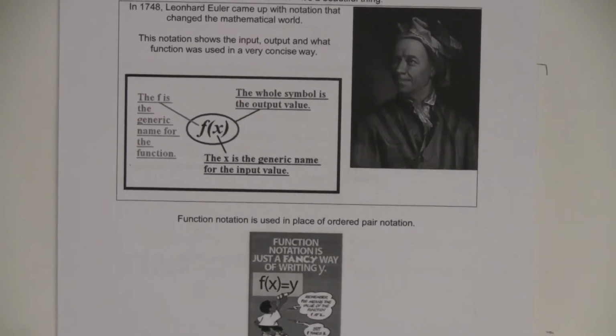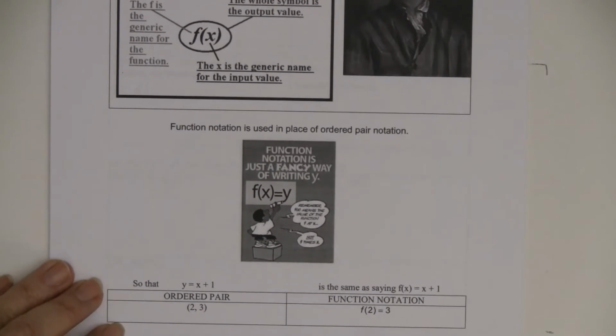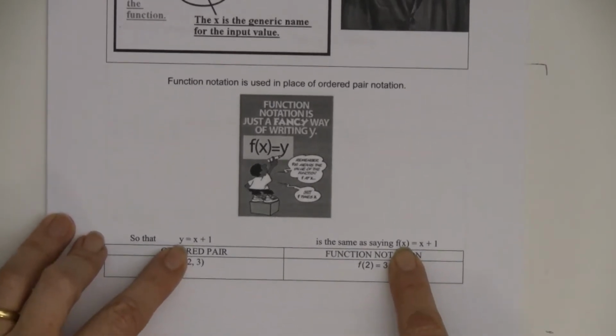Just so that you can see down here at the bottom of the page, y equals x plus 1. Not a very fancy equation, but its ordered pair would look like, if x is 2, 2 plus 1, y would be 3. In function notation, you would say f at x equals x plus 1, so that f of x is another way of saying y.